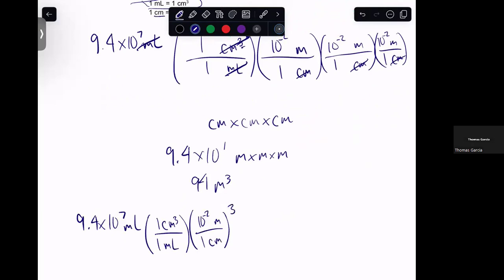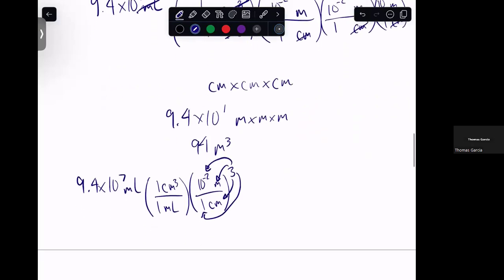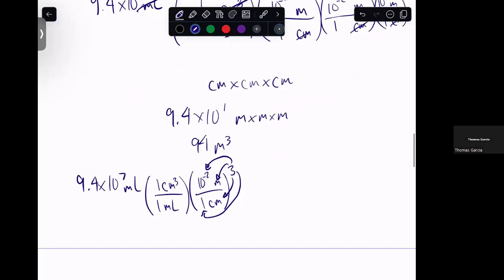This cube will not only apply to the units, but it will also apply to our values. Now, 1 cubed is still 1, so that doesn't change. But what this ends up being is 1 centimeter cubed over 1 milliliter times 10 to the minus 6 meters cubed over 1 centimeter cubed.